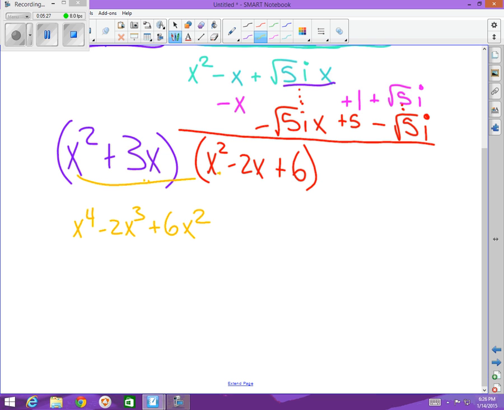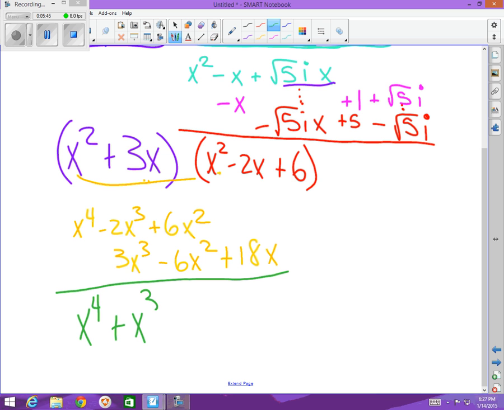And then when you take 3x times that, you're going to get 3x cubed minus 6x squared plus 18x. Draw our line and add up all that you can. You get x to the fourth plus x to the third plus 18x. And there is your polynomial function.